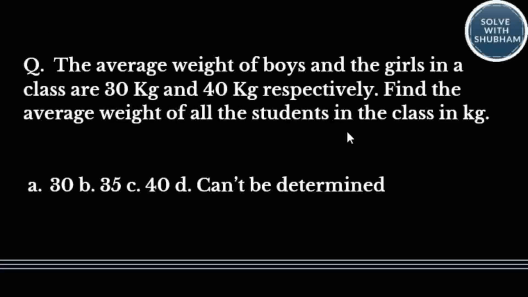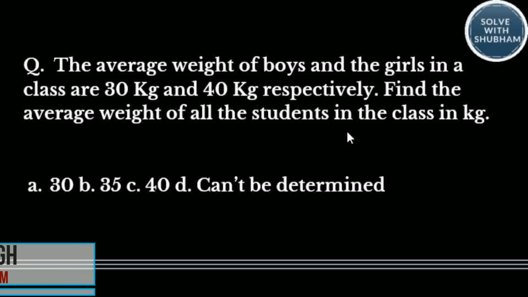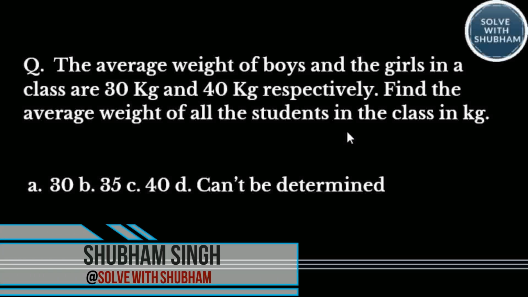Next question. The average weight of boys and the girls in a class are 30 kg and 40 kg respectively. Find the average weight of all the students in the class in kg. You have been given 4 options. The question clearly states average weight of boys is 30, average weight of girls is 40.